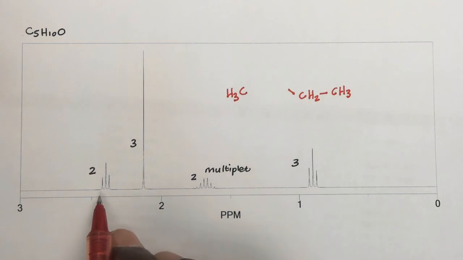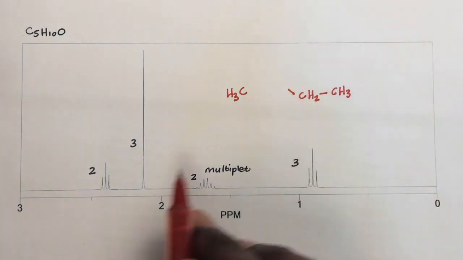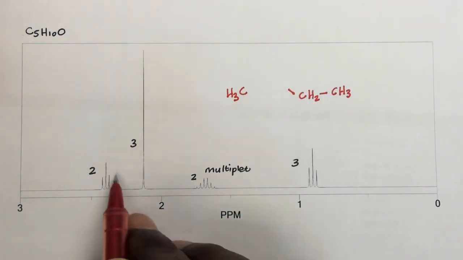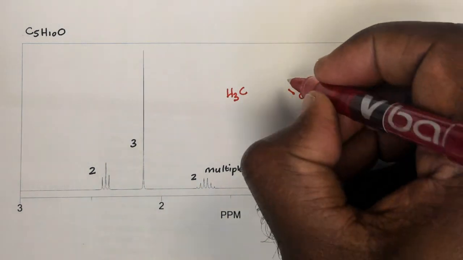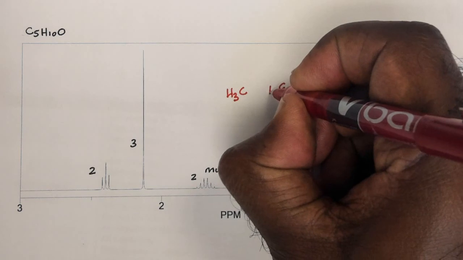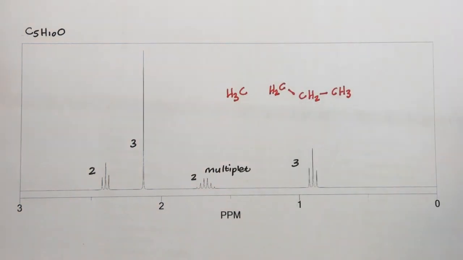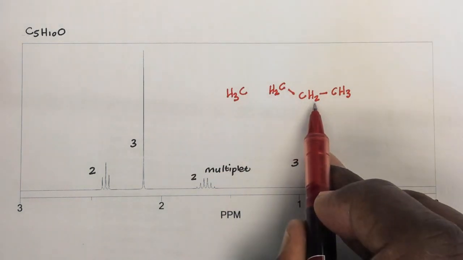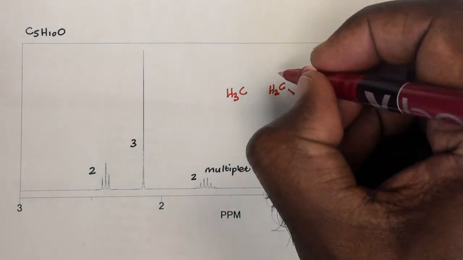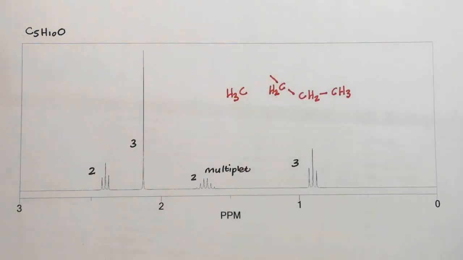Then the group that's bonded to the CH2 would have to be this particular resonance, which integrates to 2, so it must be a CH2. And this CH2 appears as a triplet because it's next to the CH2 group here and not next to another protonated group.